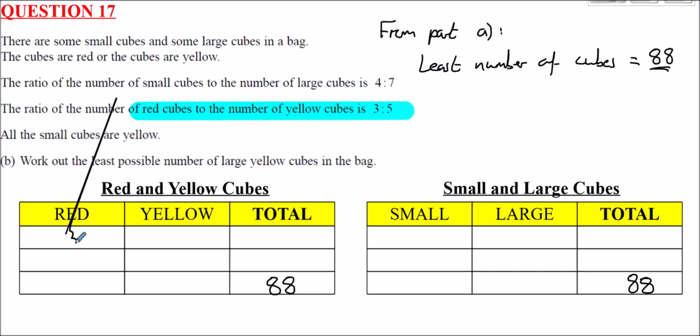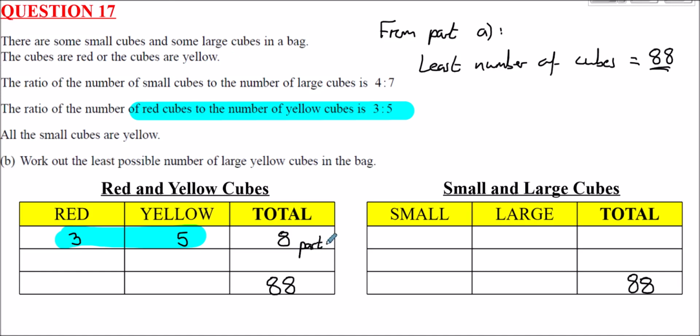So you've got 3 red, 5 yellow, which gives obviously a total. But obviously these 8 parts need to total altogether 88 cubes.